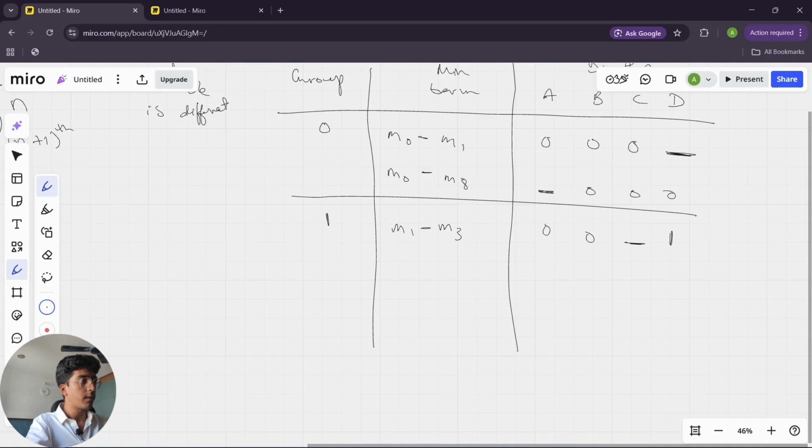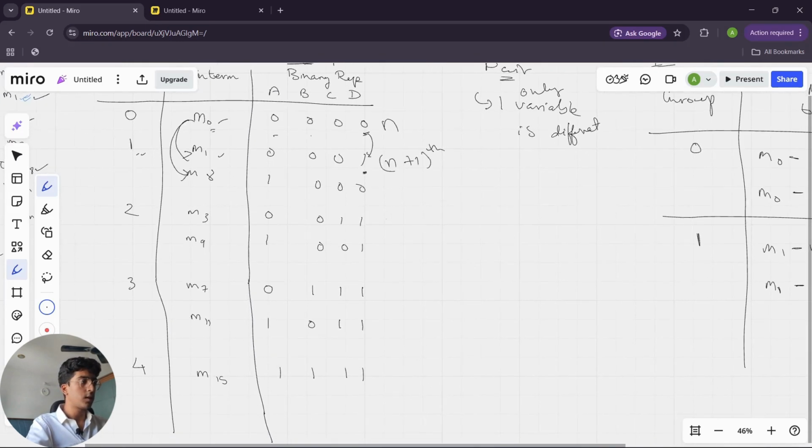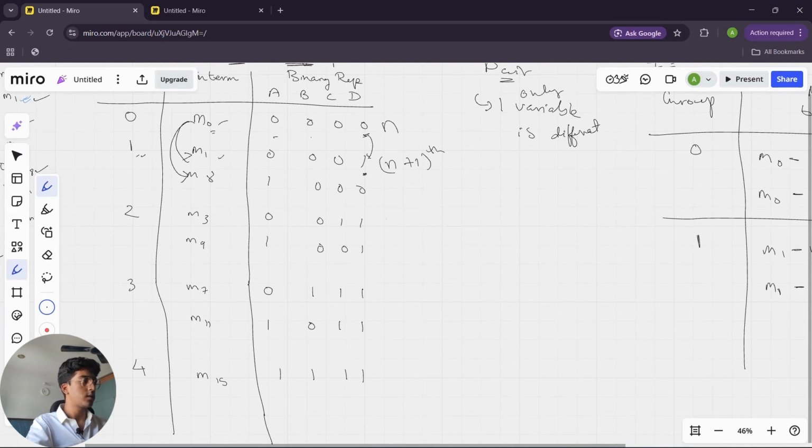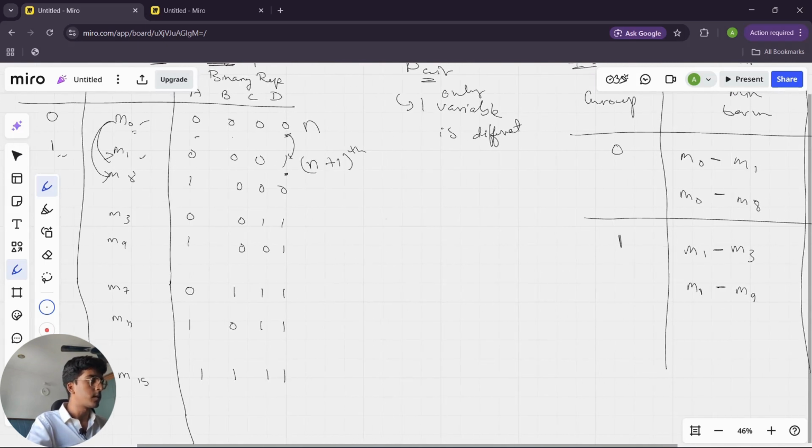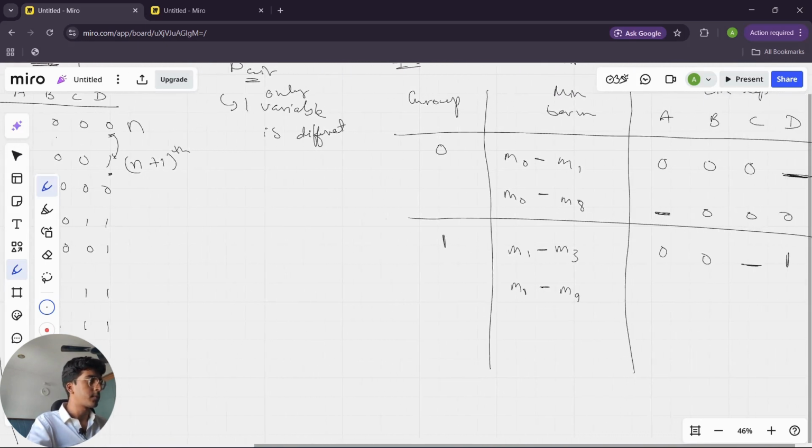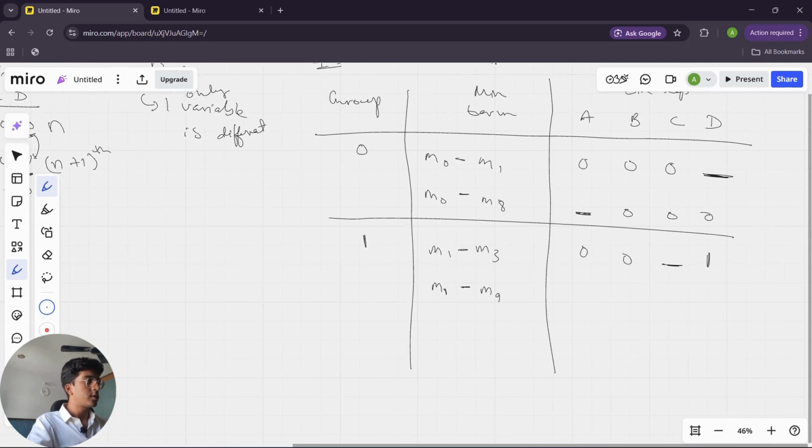Next we'll compare M1 with M9. 0 and 1 are changing, the rest are the same, so the change is in the first variable. So M1 and M9: dash 0 0 1.